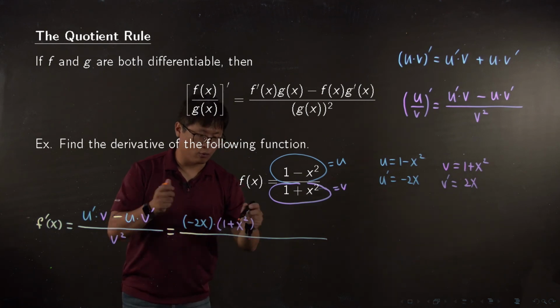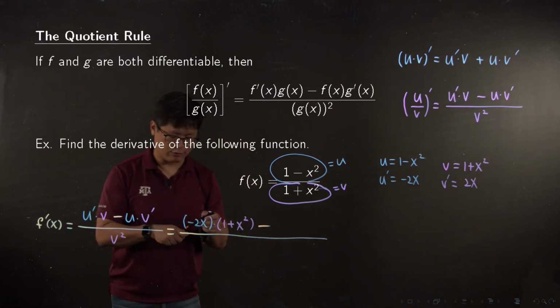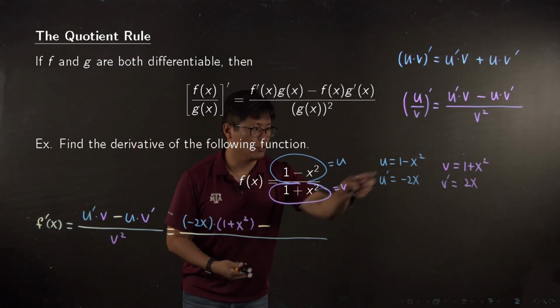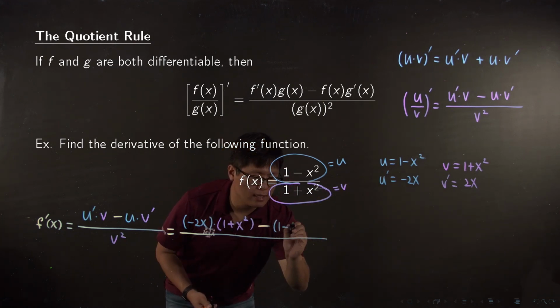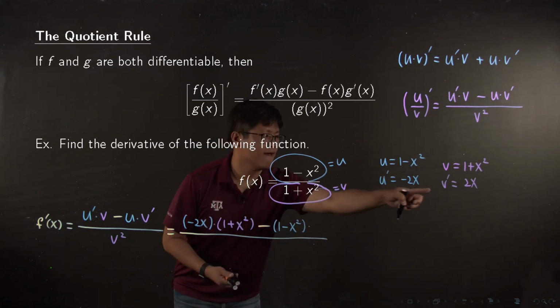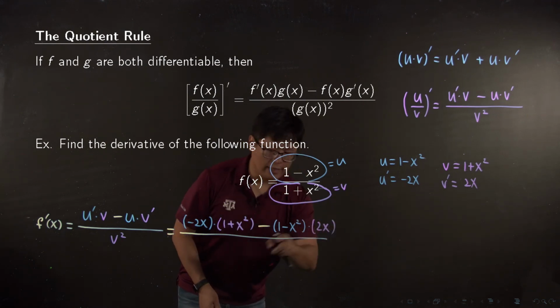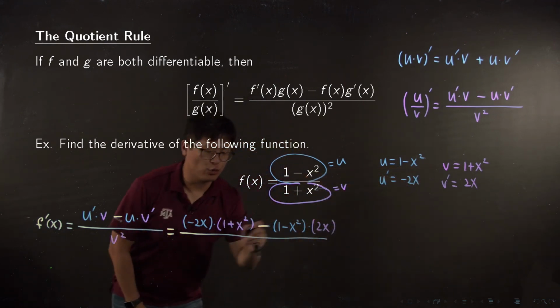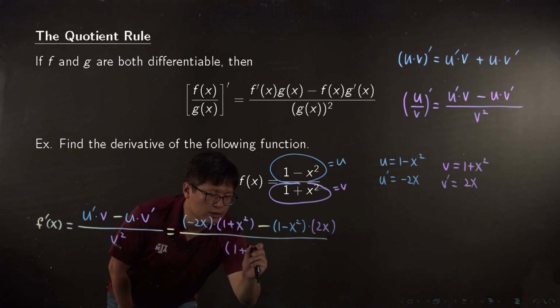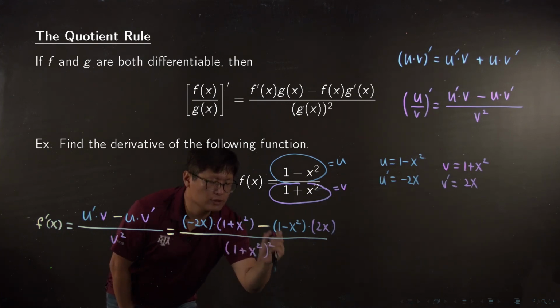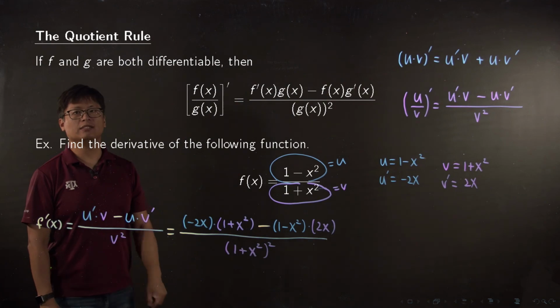And we are talking about the quotient rule, so it is minus. And then u, the original one, 1 minus x squared, times v prime, which is 2x. Almost there. And then the denominator, function v squared: 1 plus x squared, squared. That's it. This is the quotient rule.